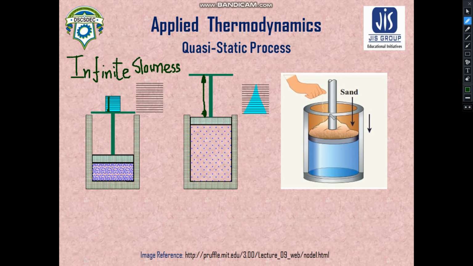Here you can take an example. Suppose you are dropping sand grains one by one. After you have poured some sand here, it has to collect up to a certain amount, and only then can you observe the piston moving in this direction. The piston will be able to apply some pressure.